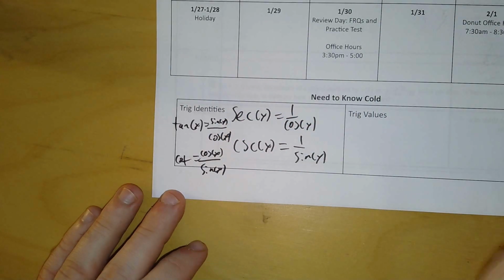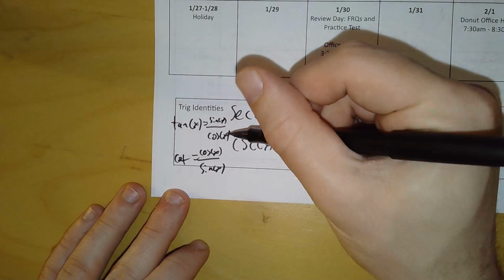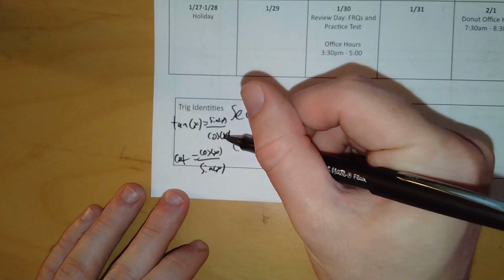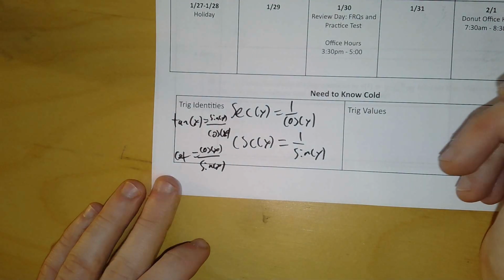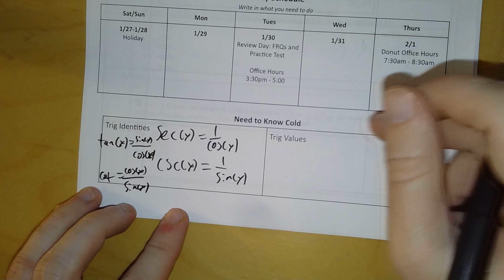That's what I'm talking about. I think this comes up in the practice test a little bit, and I'll show you why you need to know these four. They come up in the multiple choice a little bit.